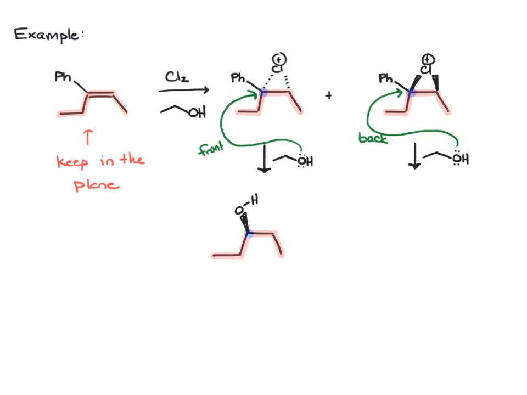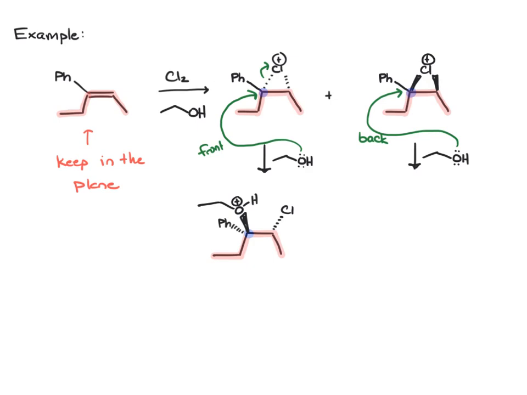We have the OH, the ethyl group, and a positive charge. And since we have two things in the plane, one is a wedge, the fourth group, the phenyl, must end up as a dash. And that's because as the ethanol comes in from the front side, it pushes that phenyl to the back. Then the chlorine opens up, and we get the chlorine added here in the back.